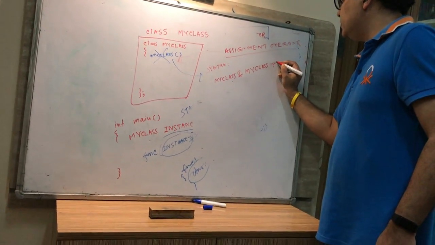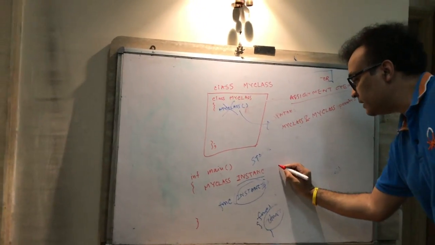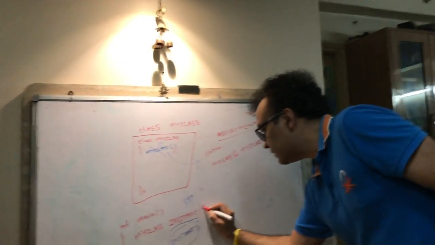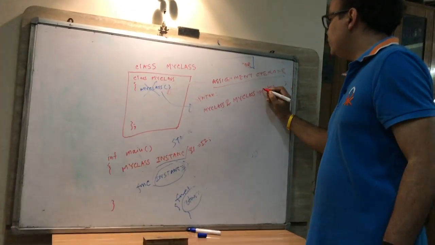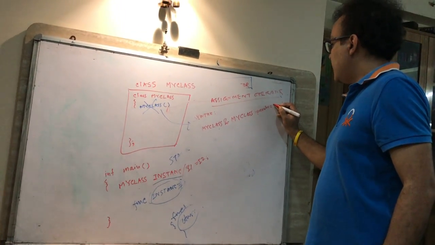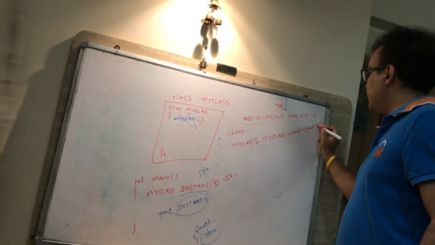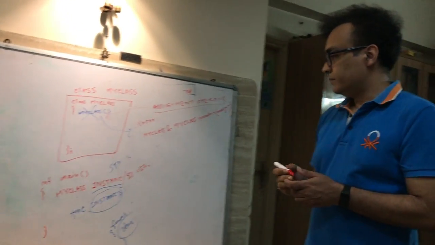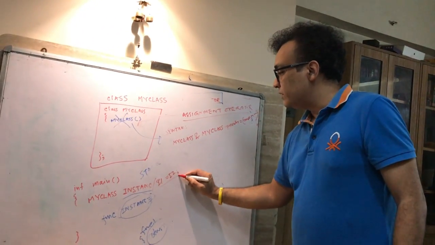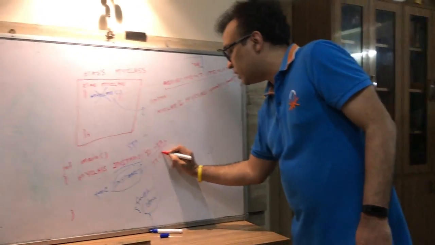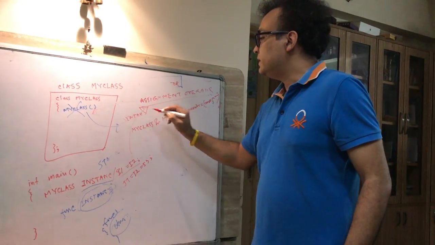You need to overload that equal to operator, because assignment is when you have two instances, I1 and I2, and you can write this as I1 = I2. So you need to do operator overloading of equal to, and you write the constant reference of MyClass. This assignment operator is required for I1 = I2, or you can write I1, I2, I3.